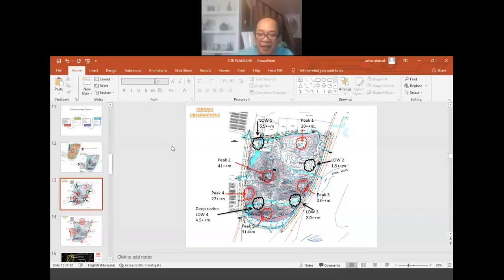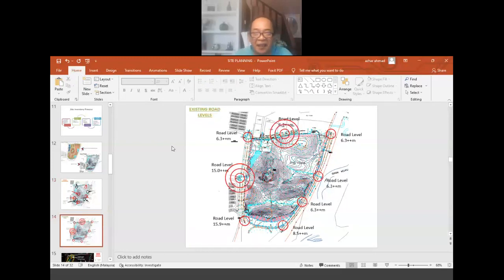Moving on, we also have observation of existing roads around the site and the existing road level. So we can make some sense from this drawing, that we have a road level here.